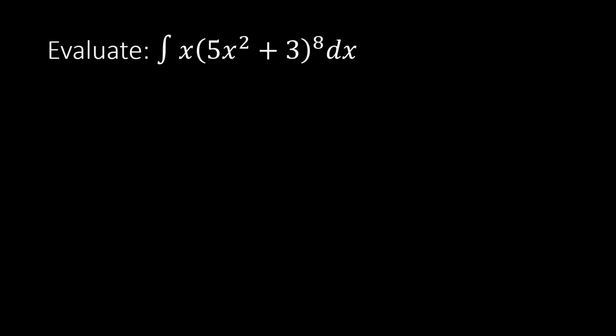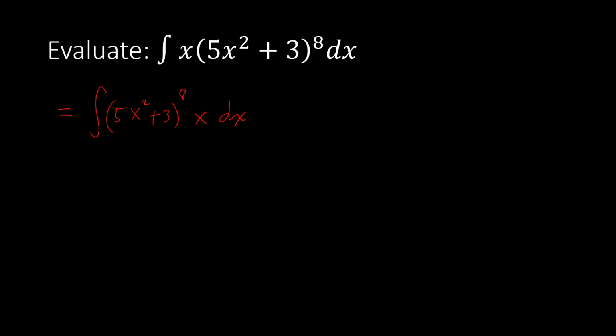Let us try the next one. We evaluate the integral of x times the quantity (5x squared plus 3) raised to 8 dx. So let me rewrite this as the integral of (5x squared plus 3) raised to 8, x dx.